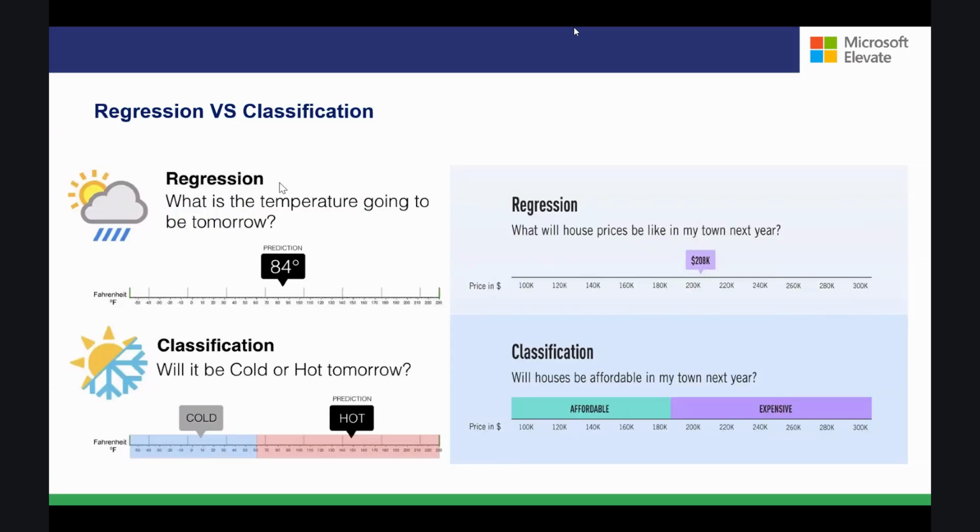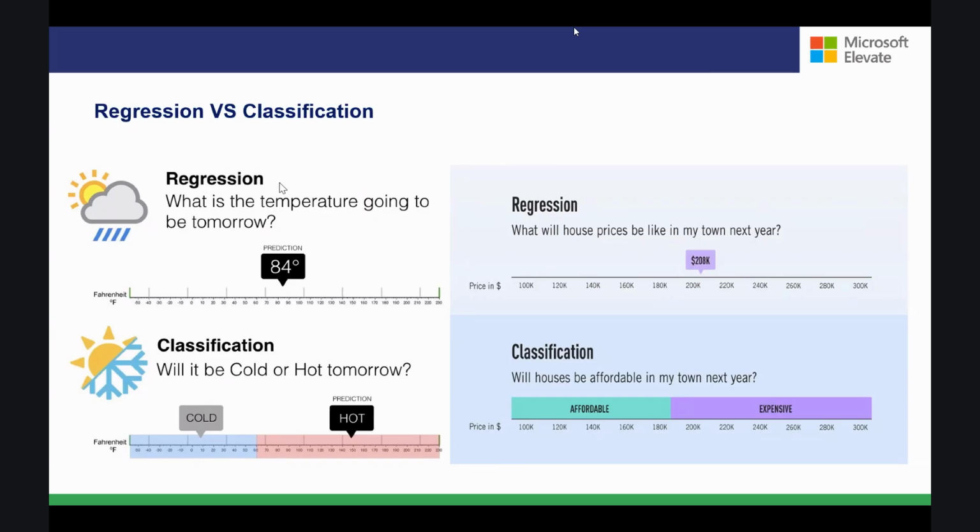This is what I'm predicting. But now I want to classify whether that price will be affordable or expensive. So this is classification. Guys, can you give me a simple answer now?